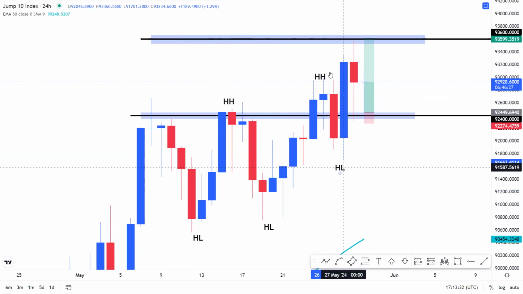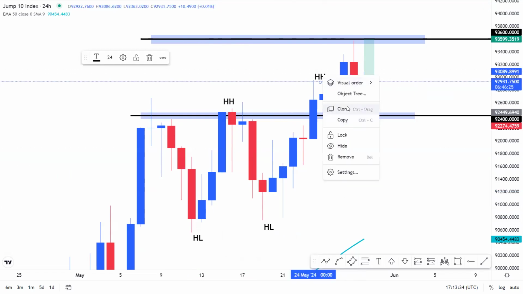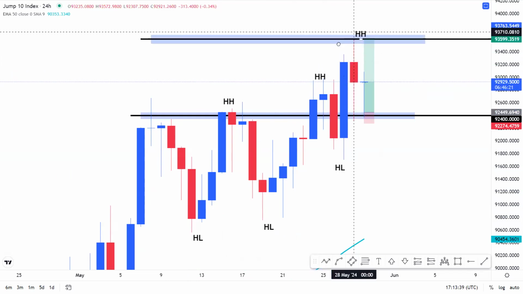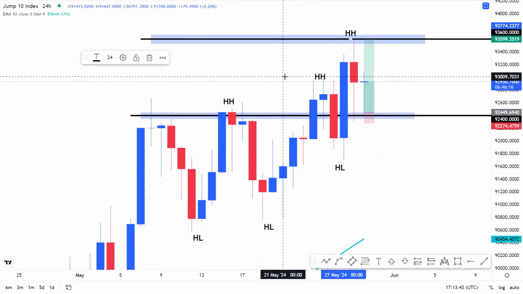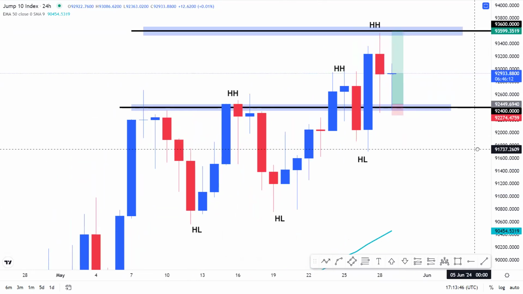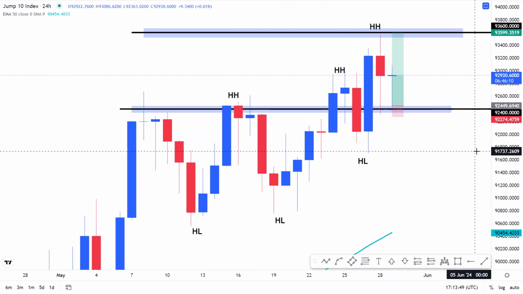We had this swing low that led to the most recent swing high, as seen right here on the daily time frame perspective on Jump 10 Index. So clearly we have the market's direction to the upside in a bullish market structure. Safe to say we only want to look to buy Jump 10 Index. We only want to look out for buying opportunities only.